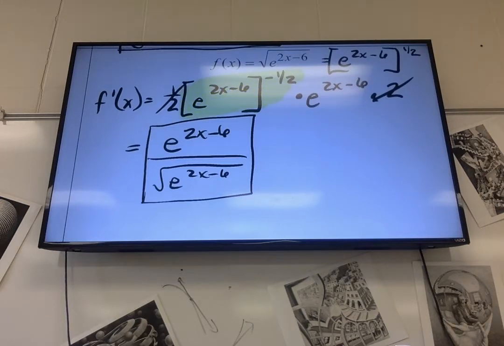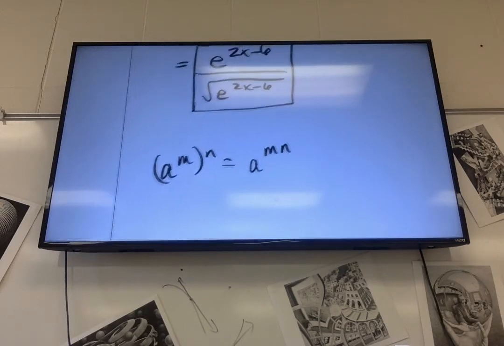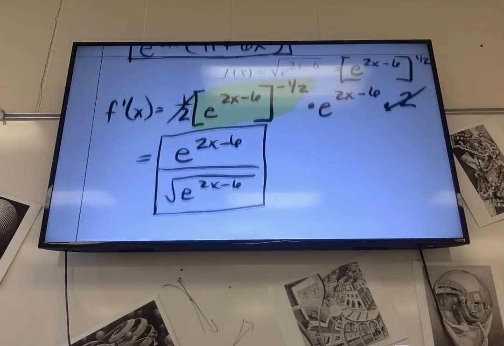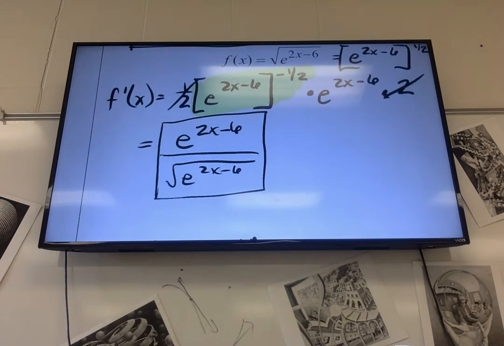Raising a power to a power, you multiply the exponents. So 2x minus 6 times negative 1/2 is e to the negative x plus 3. And negative 6 raised to the negative 1/2 is plus 3.